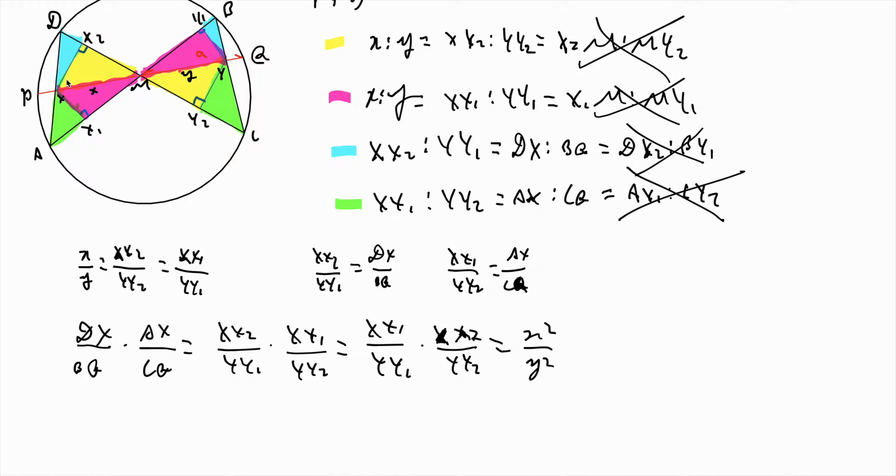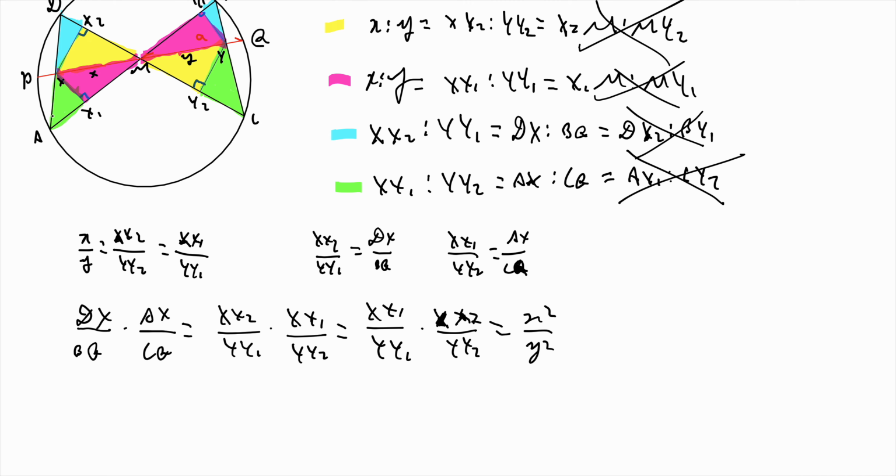Now, let's take a look at dx over bq times ax over cq. Dx times ax looks quite familiar because it's a power of a point theorem. So dx times ax equals px times xq. Bq times qc similarly is py times yq.